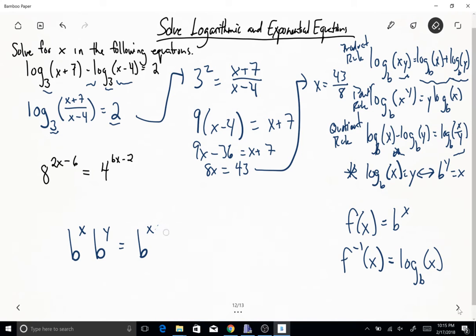Hopefully that makes sense. And then in terms of the quotient rule, why does it become a quotient? Well, once again, if addition becomes a product under the product rule, under the quotient rule, subtraction becomes a quotient. So this was the numerator, and the reason why is because it's a plus in front, and then since there's a minus, that means that part has to be the denominator in a single logarithm. Notice we don't have two logarithms anymore.